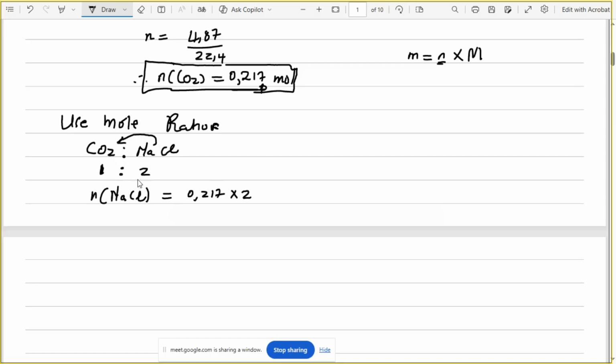You understand? Are you still with me? Yes. Then you multiply by 2 to find the number of moles of sodium chloride, which gives us 0.434 mole.